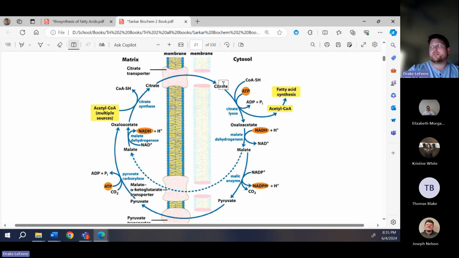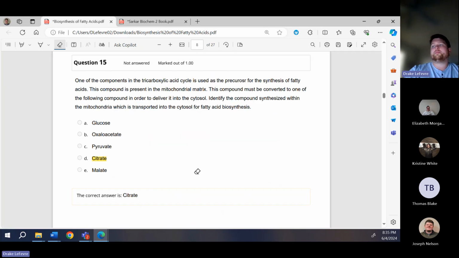Citrate goes across and then gives up the acetyl-CoA, and then either malate or pyruvate is going to cross back to be reused and recycled. That's more than likely what he'll ask questions specifically on. Okay.